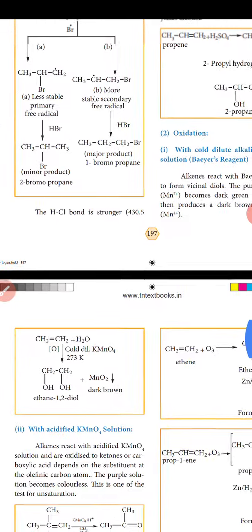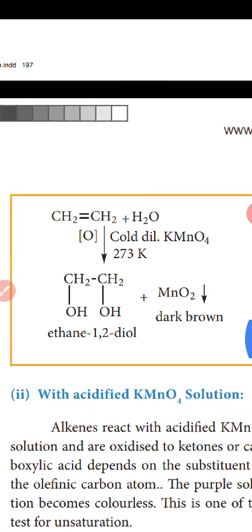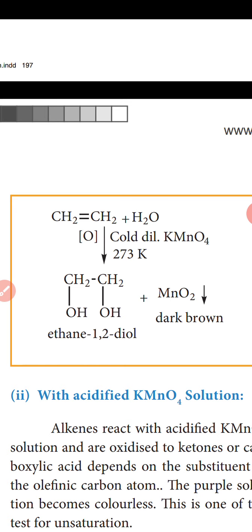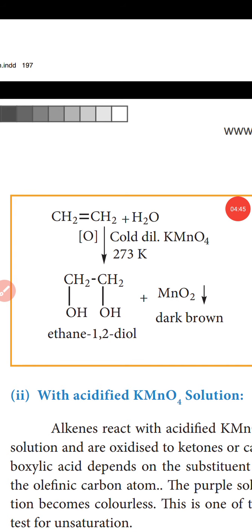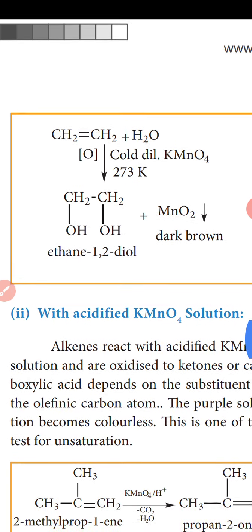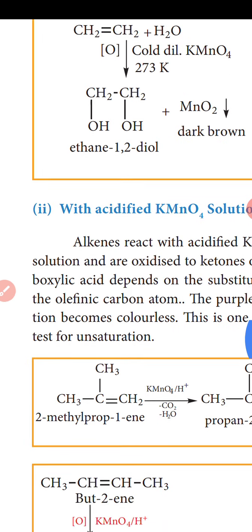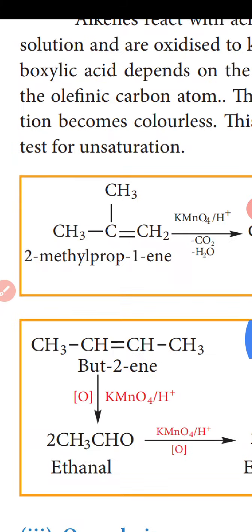The second reaction is oxidation. Alkenes react with Baeyer's reagent to form vicinal diols. The purple solution becomes dark green and then produces a dark brown precipitate. Another reagent is acidified potassium permanganate solution, for example with 2-methylpropene.